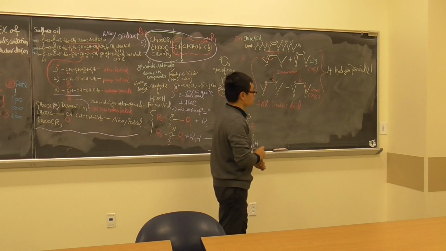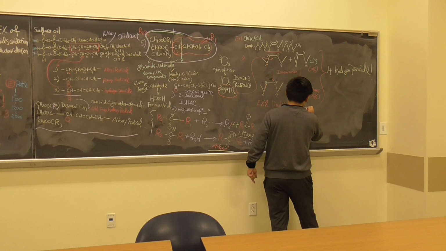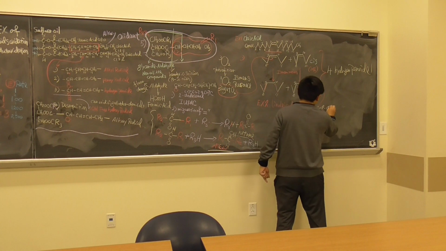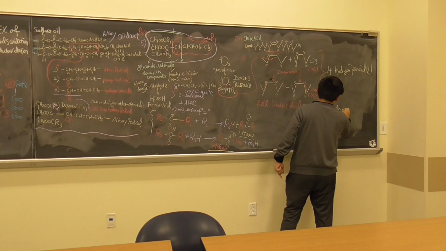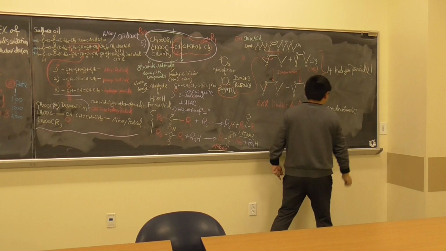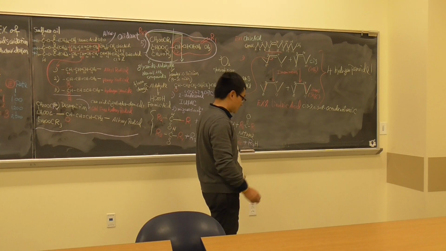By the way, let's just review it. Linoleic acid, what do they call it? Cis-9, cis-12, octadecadienoic acid. So what does linoleic acid look like?